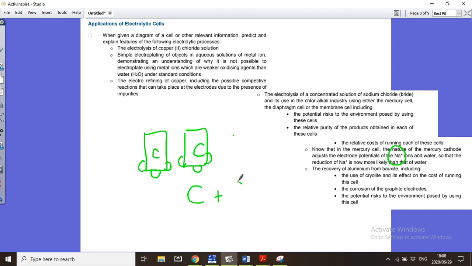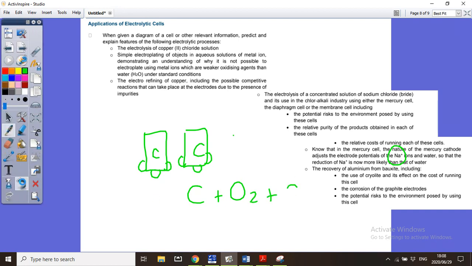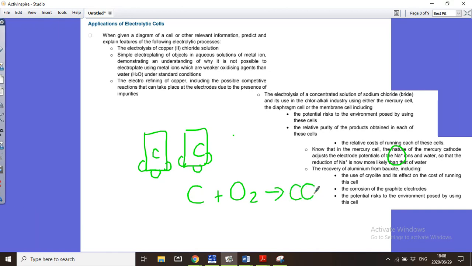So you'll have carbon combining with oxygen, and it will give us carbon dioxide. That carbon dioxide will leave, meaning these electrodes will be corroded and you need to replace them regularly. So please remember that. And carbon dioxide is obviously bad for the environment.